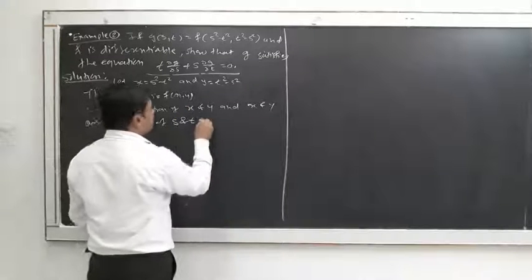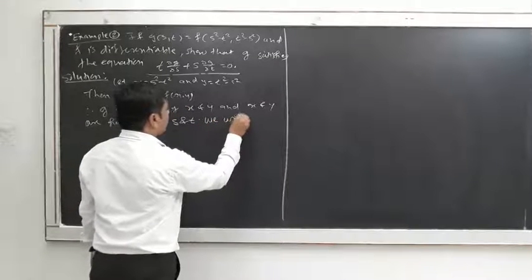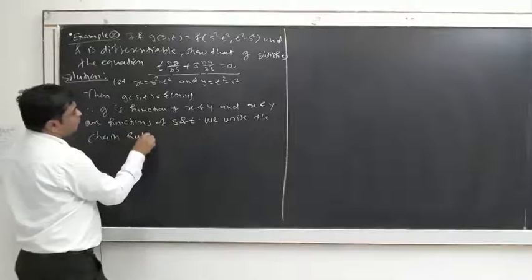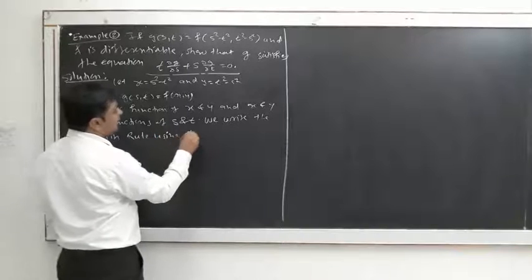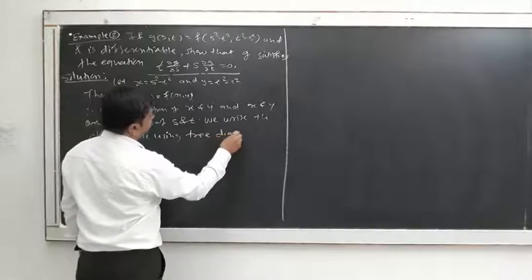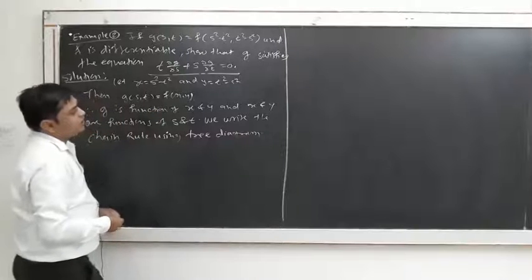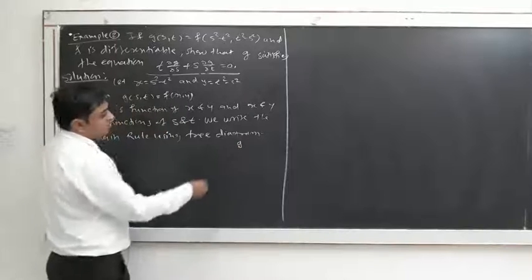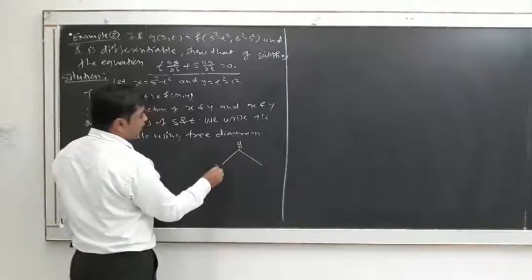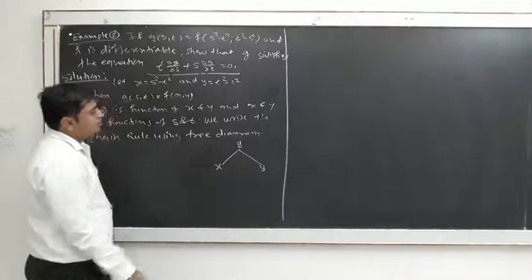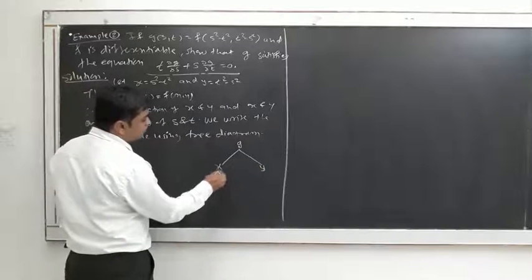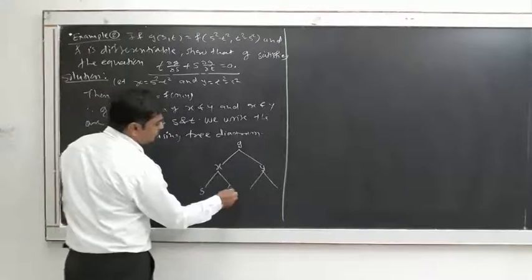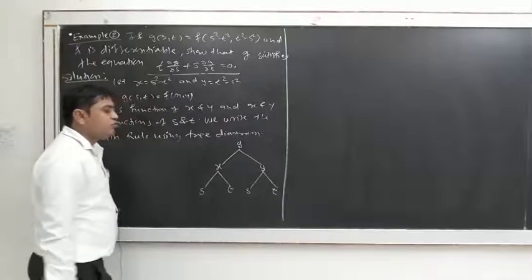So we write the chain rule using a tree diagram. So draw a tree diagram again here. Now we have a function g. g is a function of x and y, and this x and y are functions of s and t.